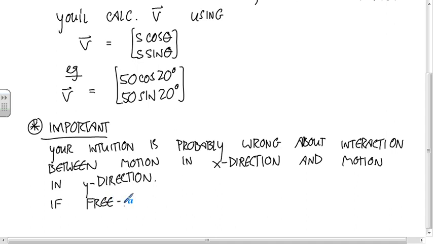If the free fall assumption is valid, there is no interaction.